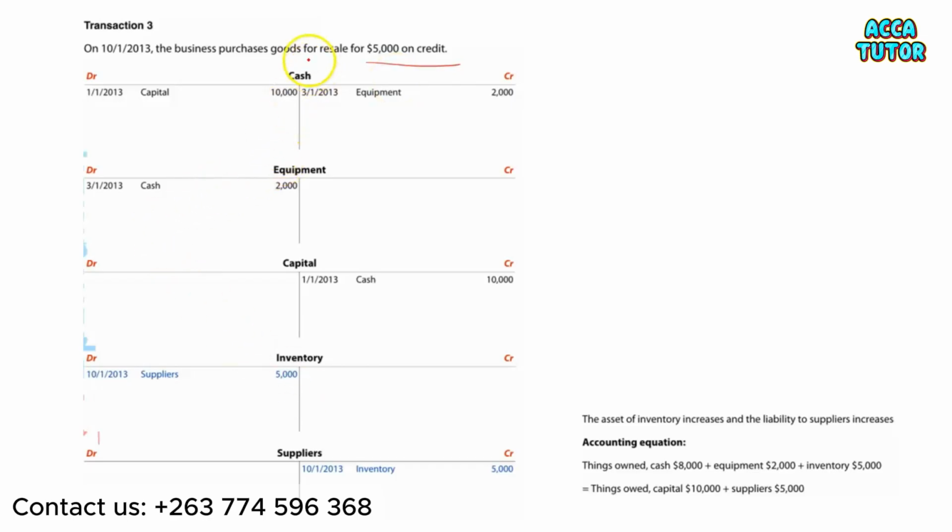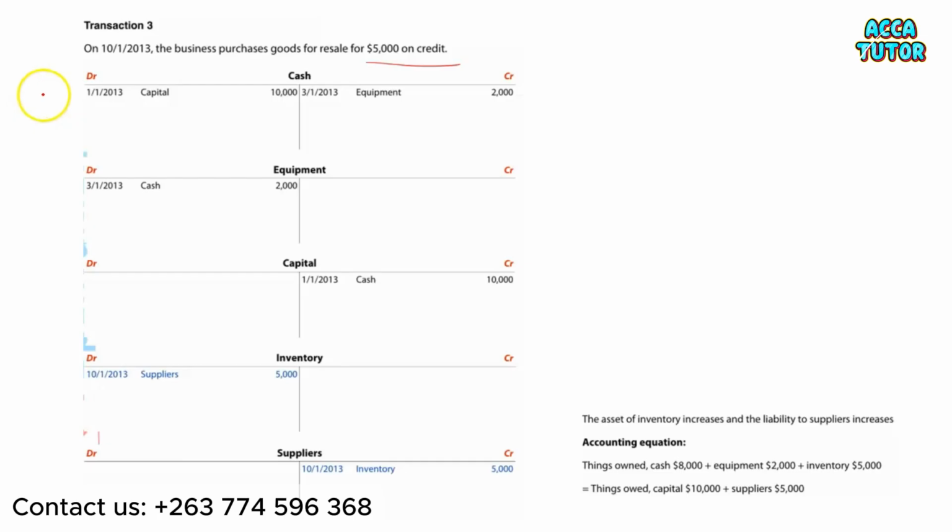So we still have the cash account has got the capital debit of 10,000, but remember, because we made some adjustment, the actual amount that should be our balance now should actually be the 8,000. However, we still have to continue to use the capital just not to confuse ourselves, right?